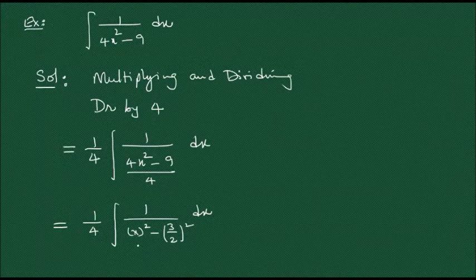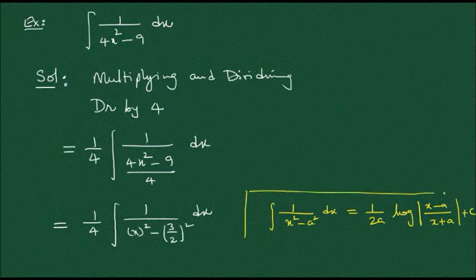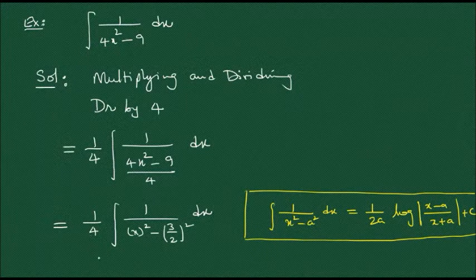Now it is in the structure of integration of 1 by x square minus a square. What is the output for it? 1 by 2a log of (x minus a) by (x plus a) plus c. Here, if you see, a is equal to 3 by 2.